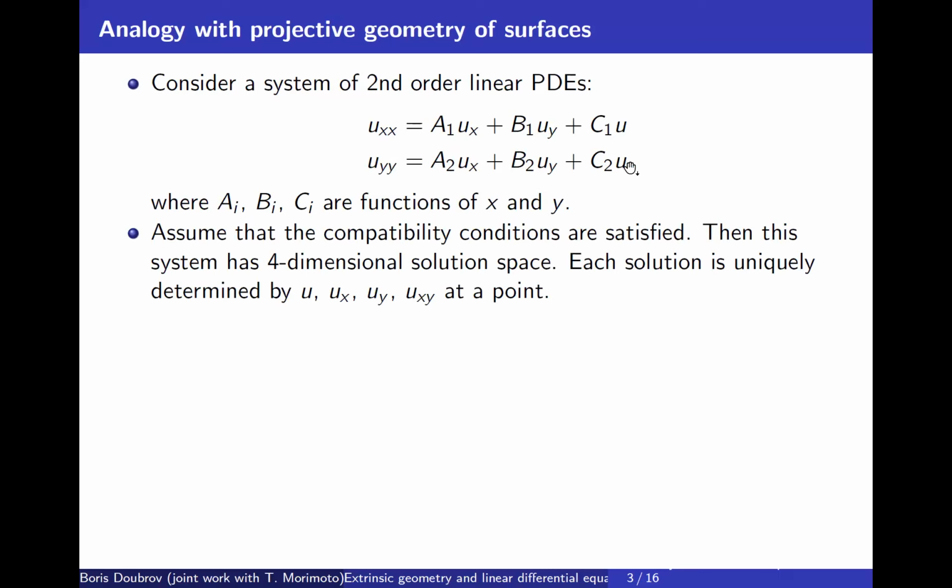Then the solution space of such a system is exactly 4-dimensional, and a solution is uniquely determined by u, u_x, u_y, and u_xy at a single point. So it's a Frobenius type system, certainly a system that's normally not very difficult to solve.